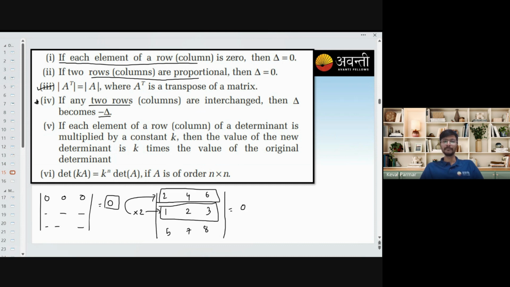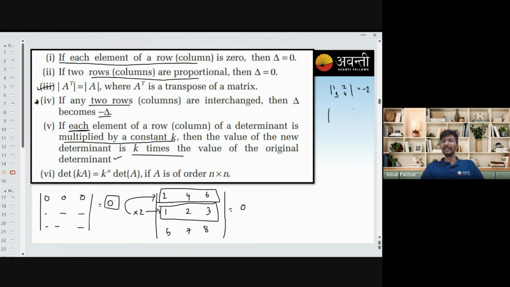Second last. If each element of a row of a determinant is multiplied by a constant k, then the value of the new determinant is k times the original value. Let's take an example. 1, 2, 3, 4. What is the value? 4 minus 6, which is minus 2.